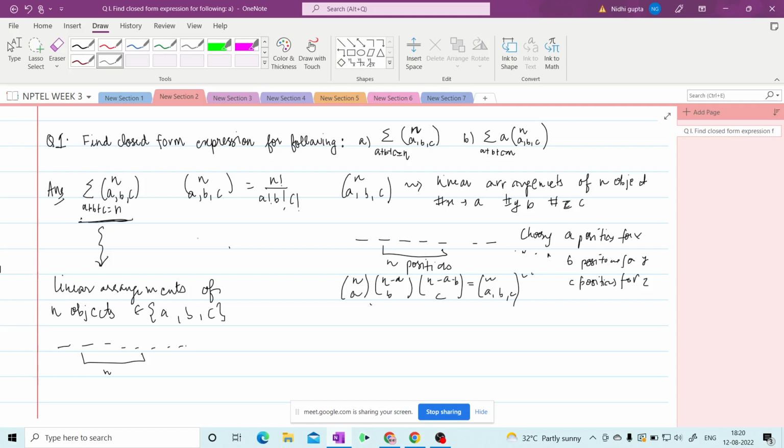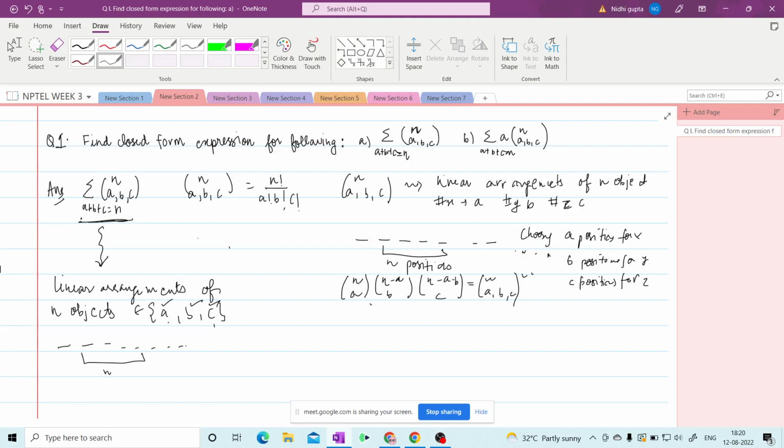So we are arranging some number of x's, some number of y's, and some number of z's, and the total number of x's, y's and z's should come out to be n.